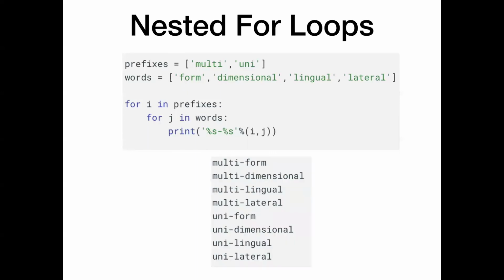Yes. Okay. So also another thing I've done here is that I've given a quick recap of string formatting, which we touched on in the last class, where we use this percentage %s kind of symbols, which is just a way to format. So I could have said print i and then print j, and then multiform, multidimensional would be on two different lines, like multi and form would be on two different lines.